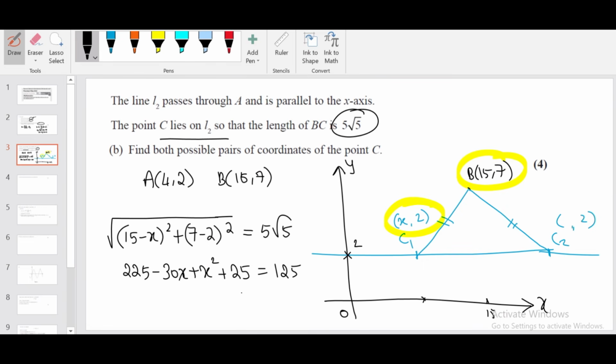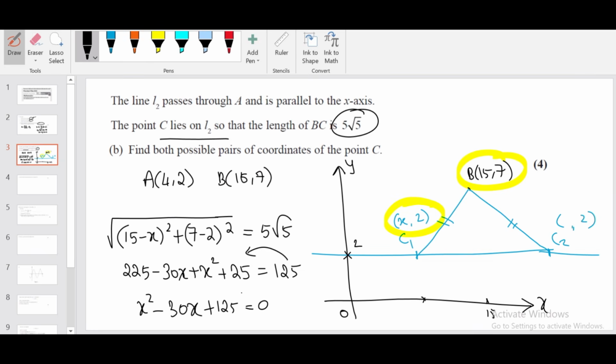Put everything on one side: x square minus 30x, and then bring the minus 125 here. 225 plus 25 minus 125 is 125, is equal to 0.